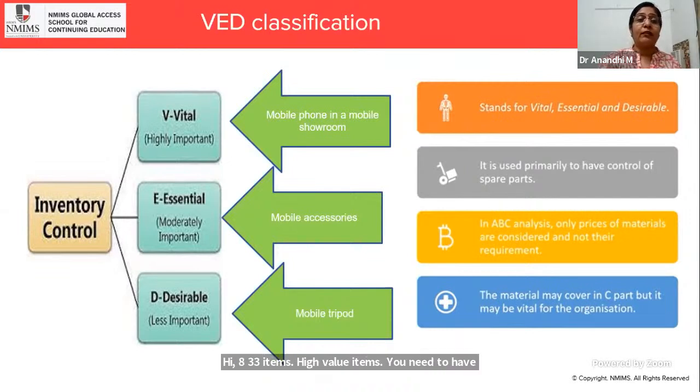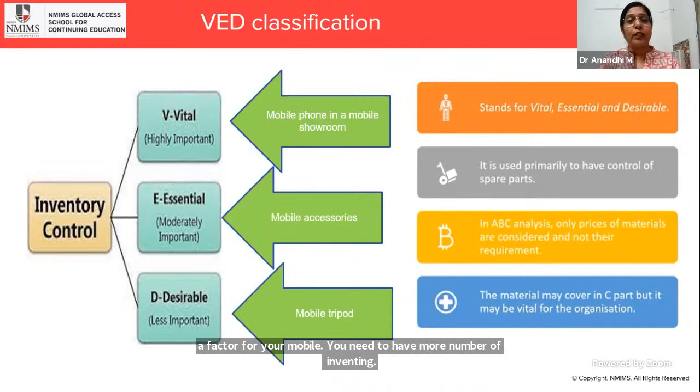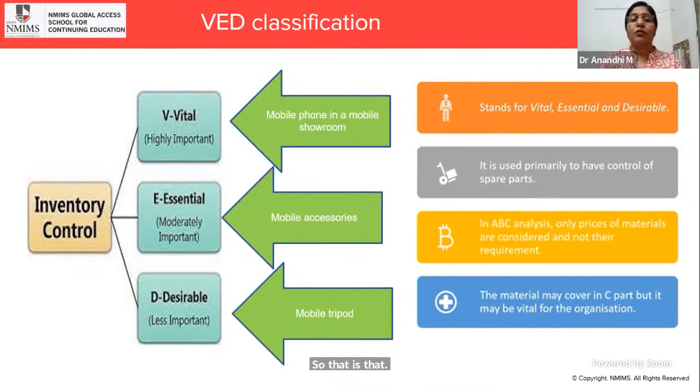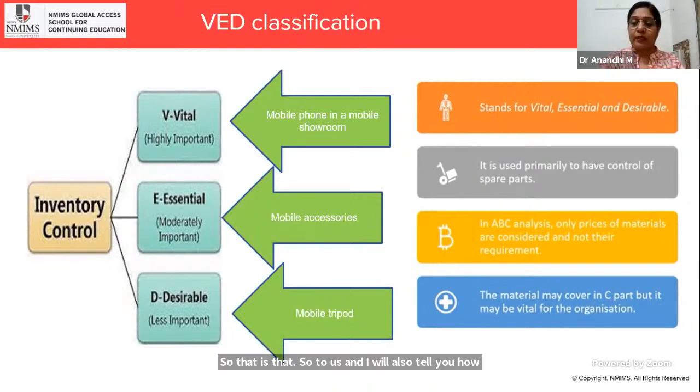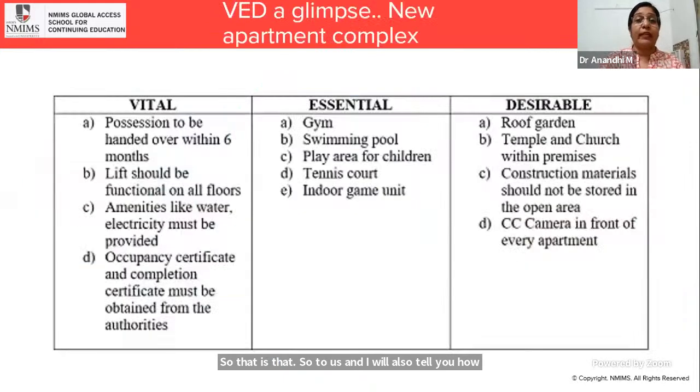But here, when you classify a mobile phone as a vital item, which is very highly important, then you need to have more mobile phones in your showroom, because that is the USP, the pulling factor for your mobile showroom. Towards the end, I will also tell you how using two classification techniques we arrive at inventory levels.